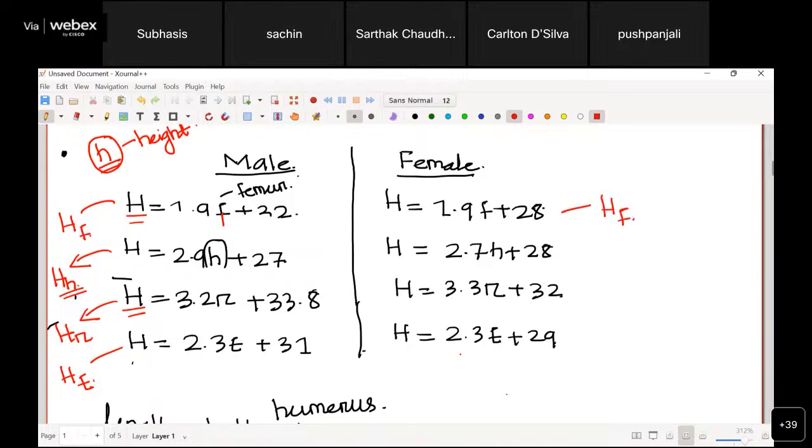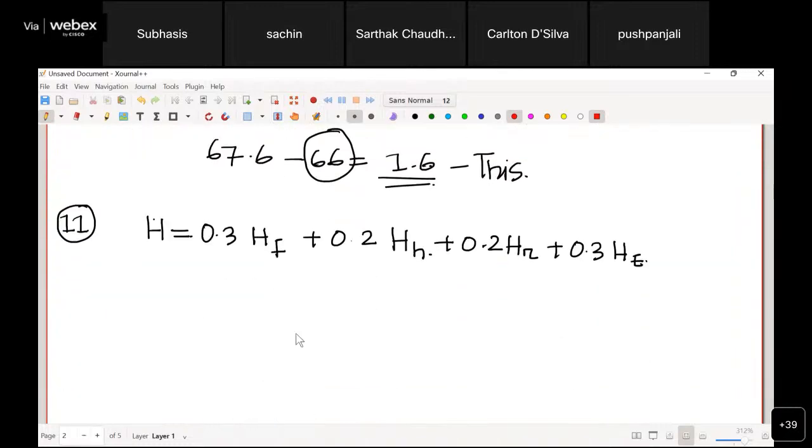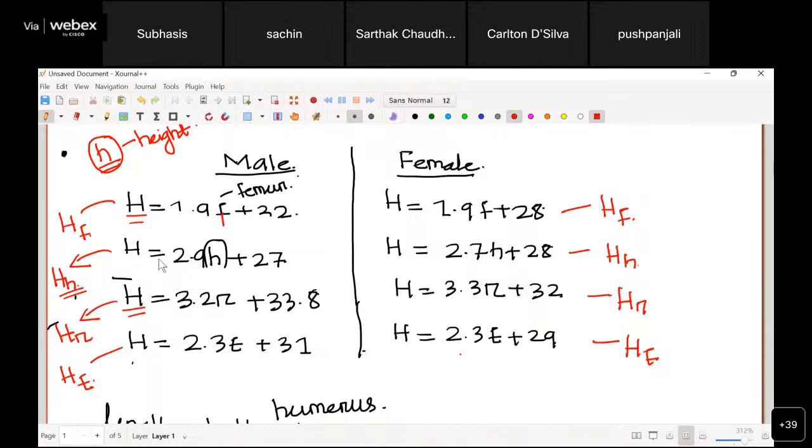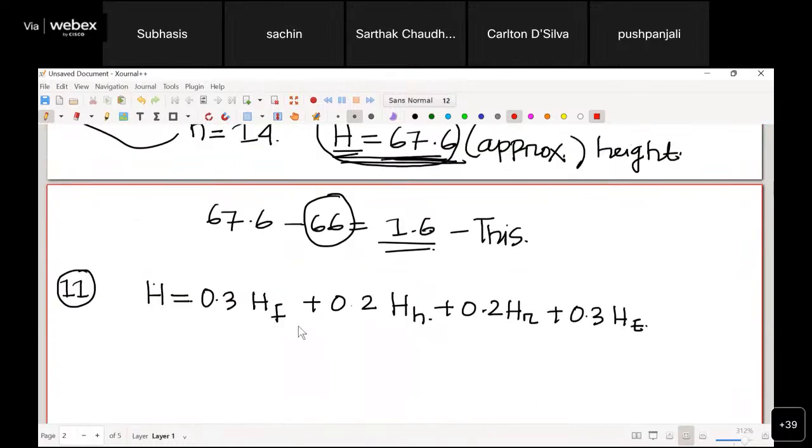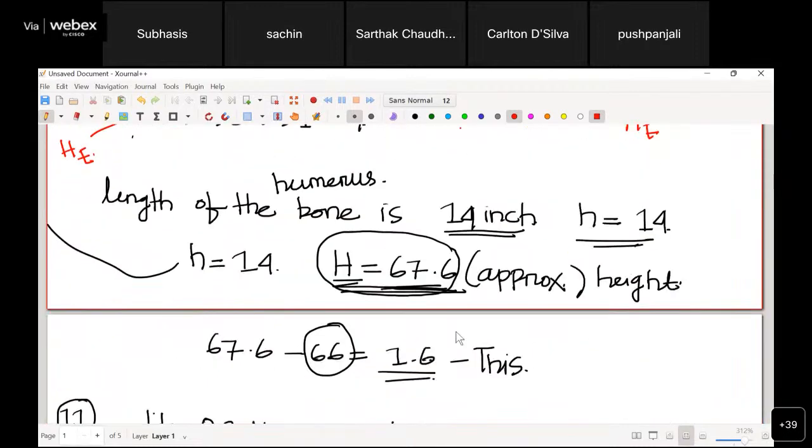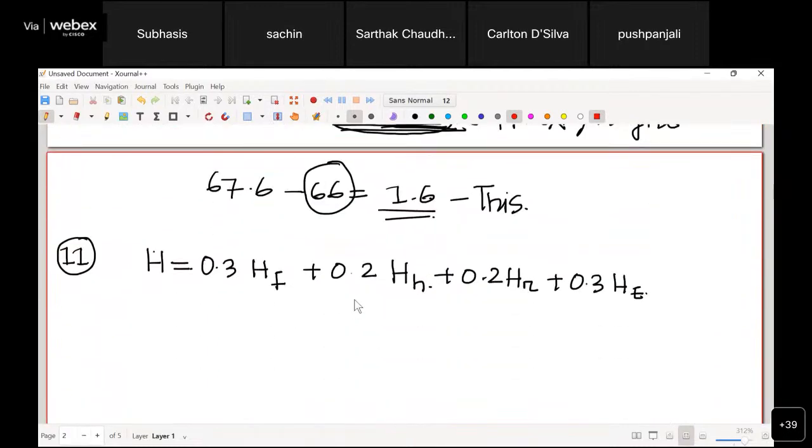You just need to substitute all these things over here. If you substitute all the things for male, you will get the formula for male, and if you substitute all these things for female, you will get the formula for female.